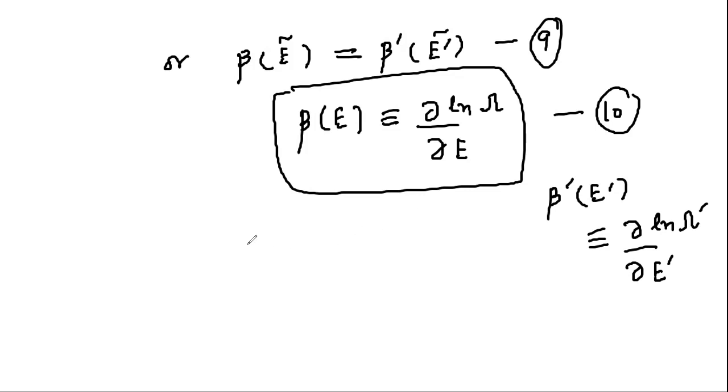We have discussed it already. KT, T is the thermodynamic temperature, and we now know K is the Boltzmann constant, is 1 over beta. Let me name it 11.